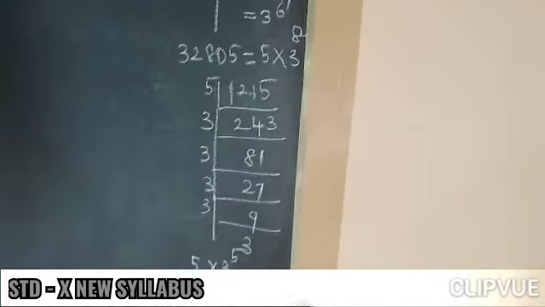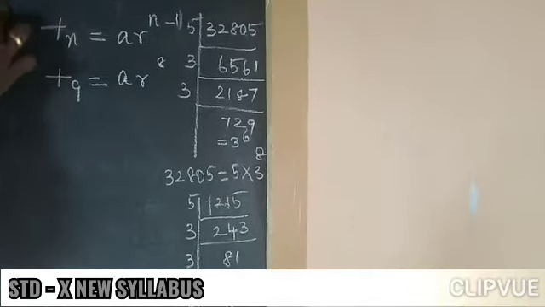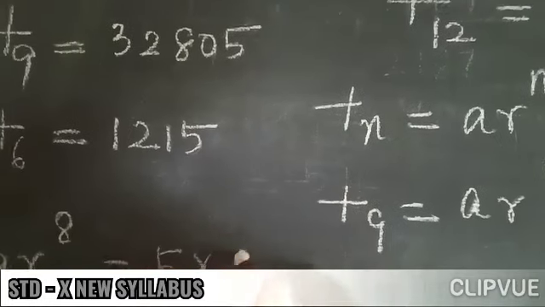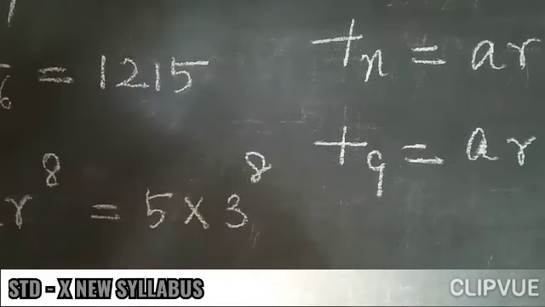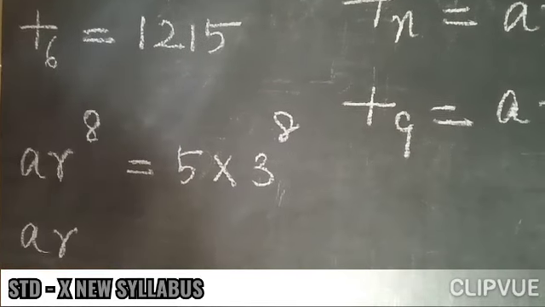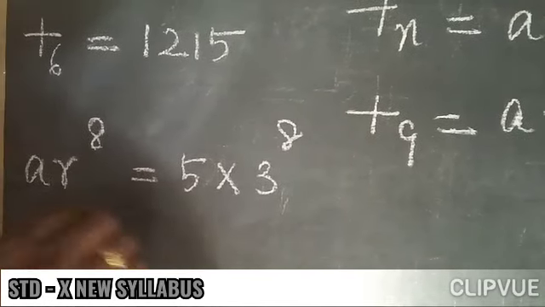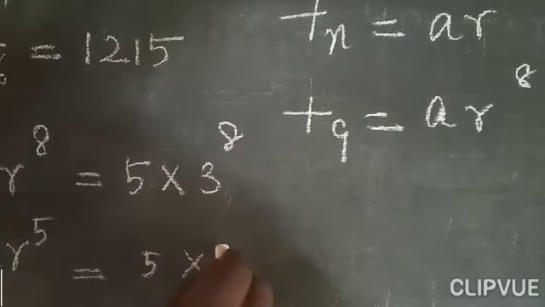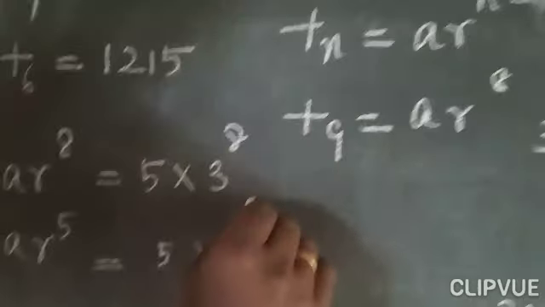From here, AR power 8 is equal to 32805. Instead of this value, we can write 5 into 3 power 8. And AR power 5 is equal to 5 into 3 power 5.